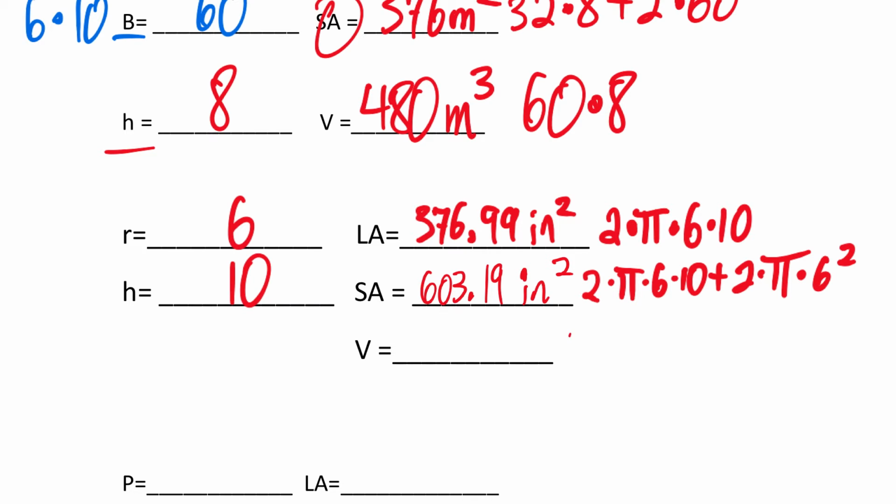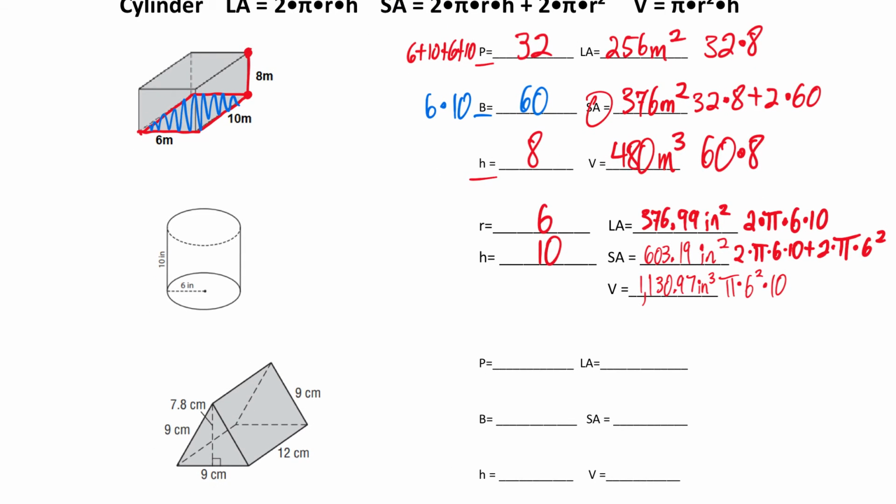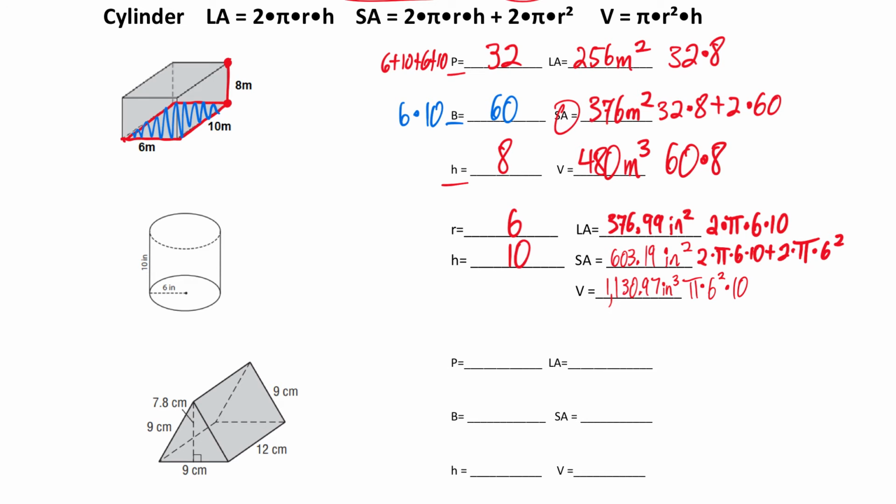And for volume, it's just pi R squared times H. 1,130.97. Okay, what? Cubic inches, yes.